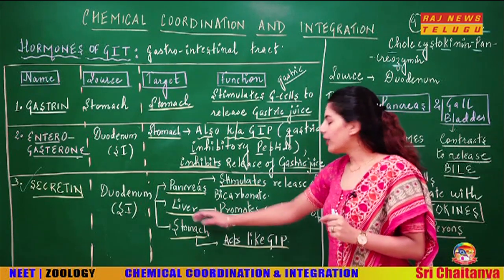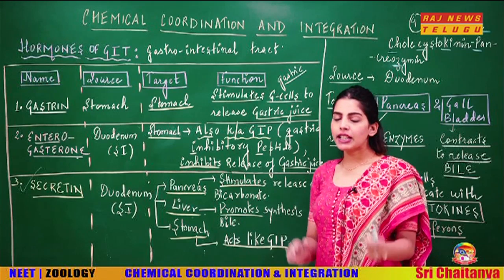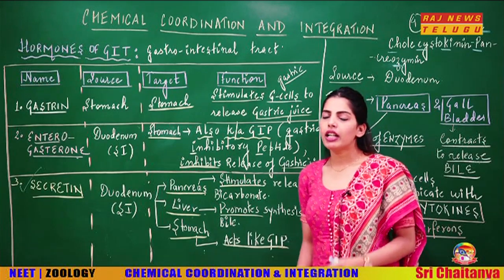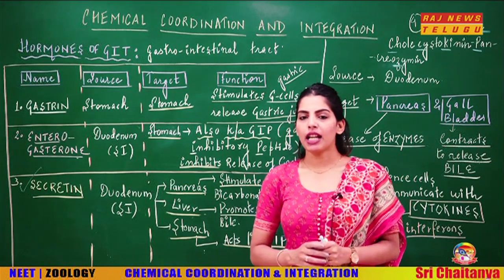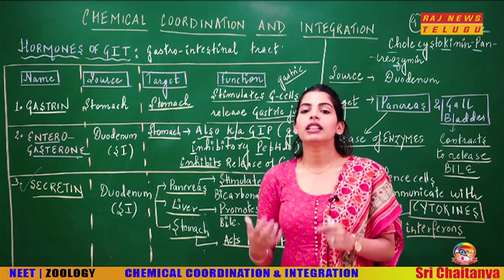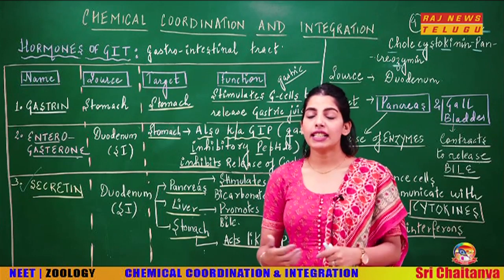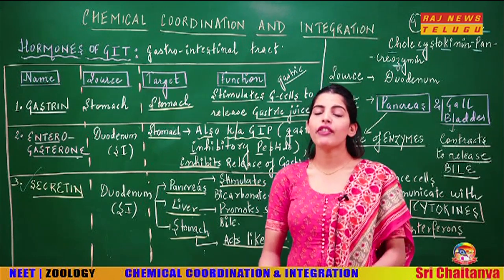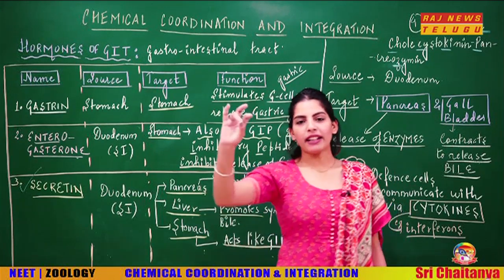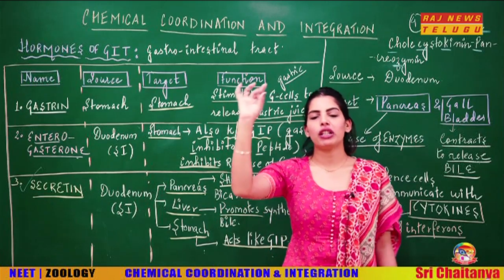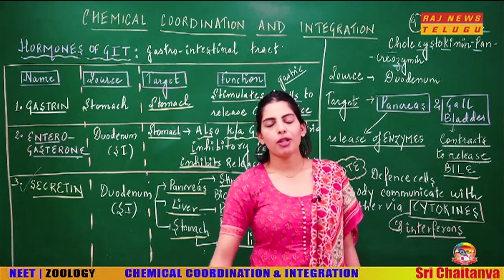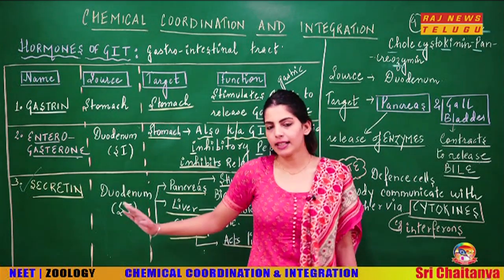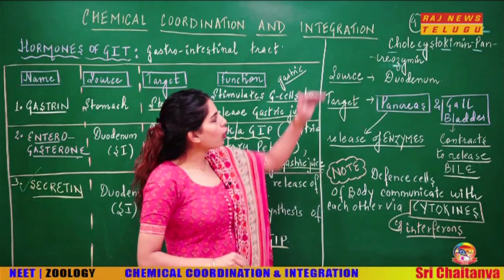Whereas when secretin acts upon the liver, the liver has hepatocytes, and when it acts upon the hepatocytes, it is going to promote the synthesis of bile juice. So on pancreas, release of bicarbonate; on liver, promotes the synthesis of bile; on stomach, inhibition of gastric juice. That's about secretin.